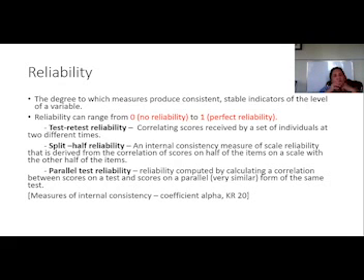On the other hand, yung parallel test reliability, anong ibig sabihin ng salitang parallel? Parallel is almost the same. Okay. Anong ibig pong sabihin nito? Reliability computed by calculating a correlation between scores on a test and scores on a parallel or very similar form of the same test.